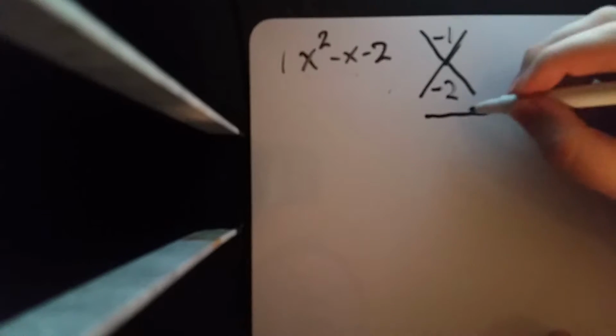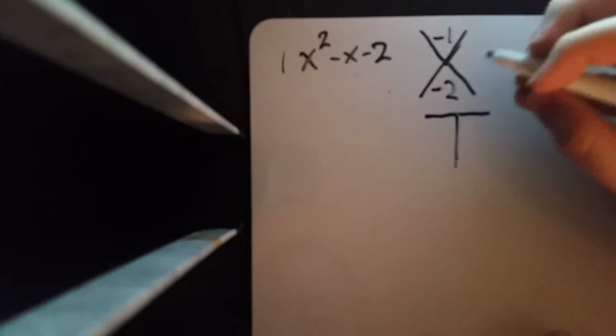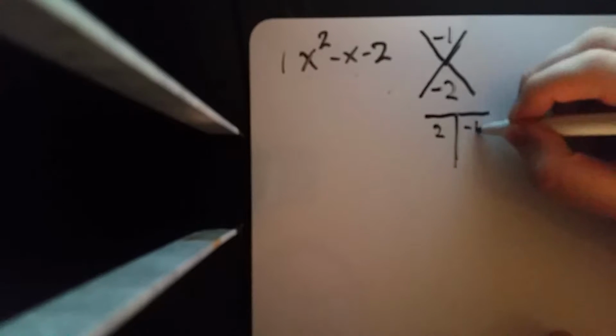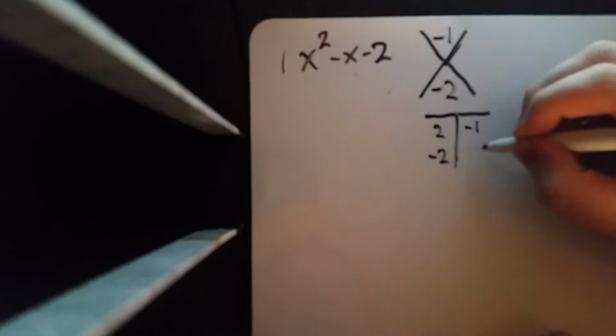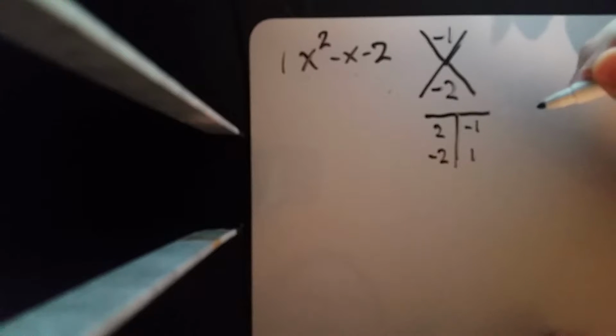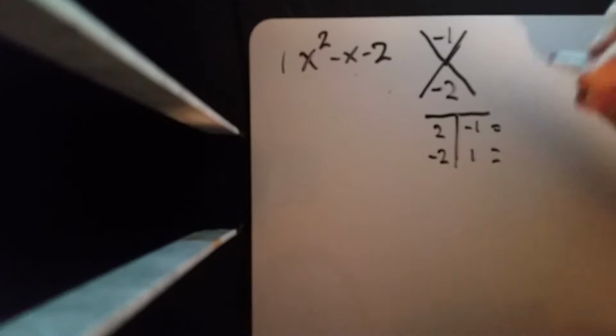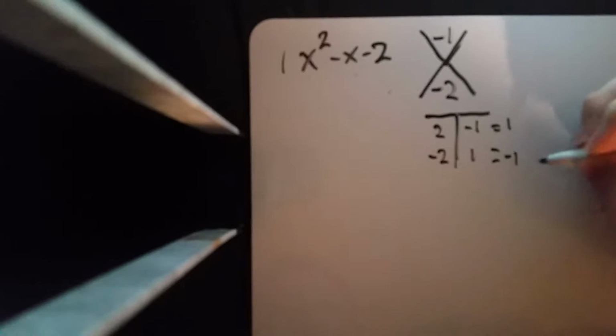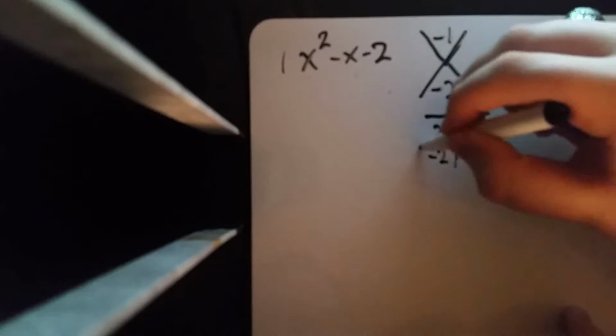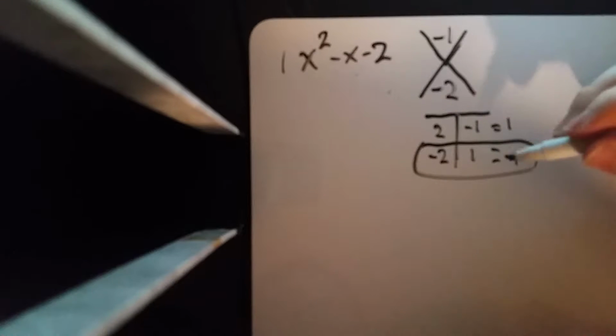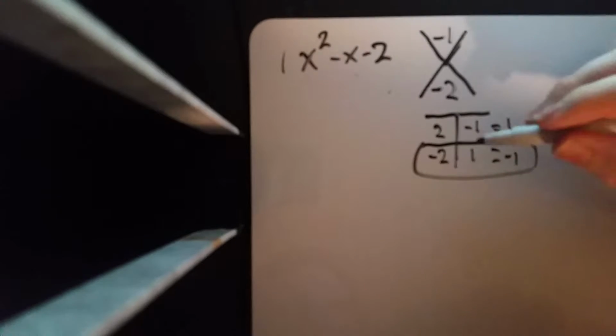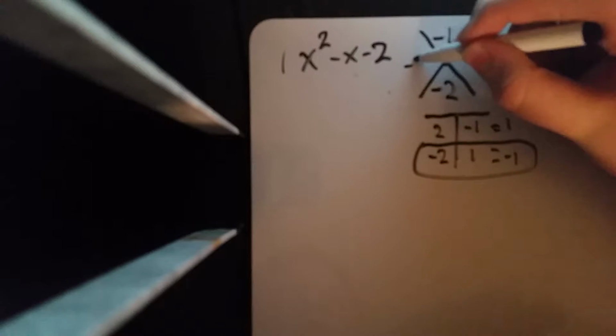So finding factors of negative 2, you've got 2 and negative 1, or negative 2 and 1. And that's about it. If you add these together, it'll equal 1 and negative 1. So these are our clues to finding our factors. So we'll put these over here for now.